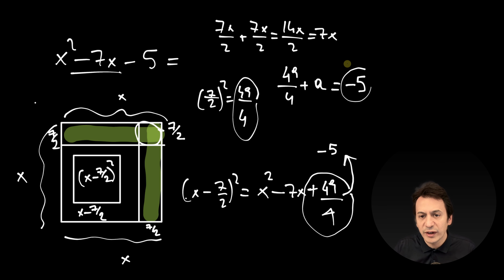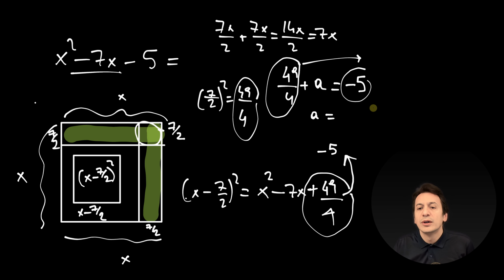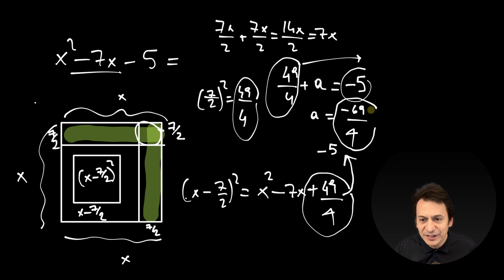We will send 49 over 4 to this part of the equation. A equals, well, let's calculate it, minus 69 over 4. You can do the rational operation on your own. Okay, it's a simple operation. And we find A. So, in order to turn this into minus 5, I have to add this number.